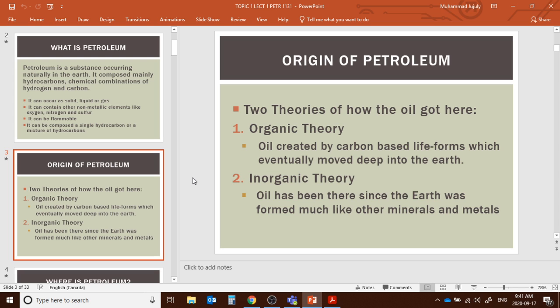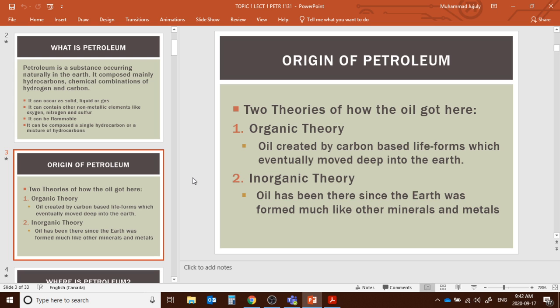We had the Jurassic era, with dinosaurs millions of years back, but when they all died eventually, and the earth was terraformed, they went back under the earth, and under the huge pressure of the earth, and without the presence of oxygen, they transformed to hydrocarbon. So that is the main basis of the organic theory.